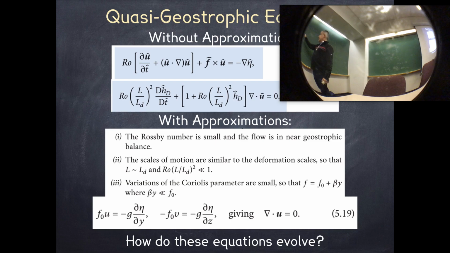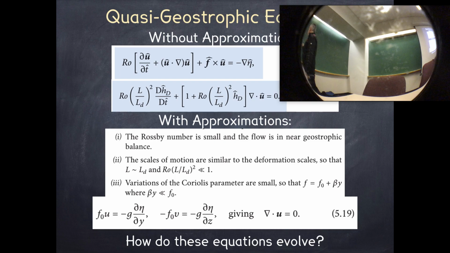Suppose, then, what's the next order? If I plug in here, I get Rossby times du0 by dt, order Rossby. I don't need to write the Rossby u1 because that would have two Rossbys in it. It would be Rossby squared.